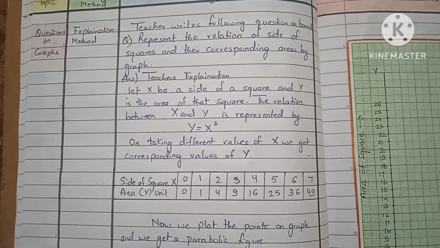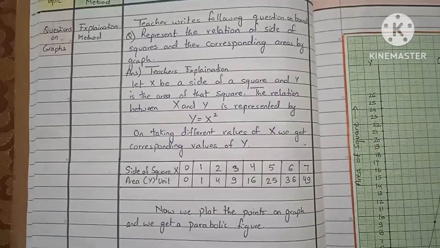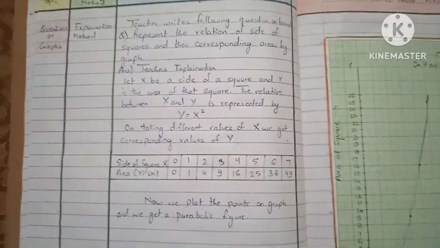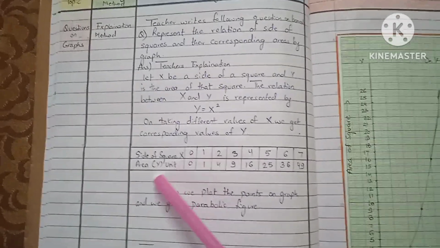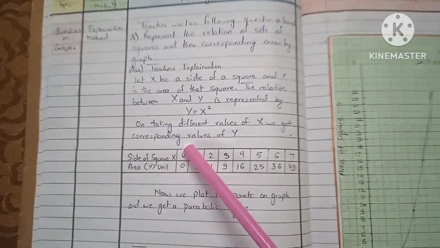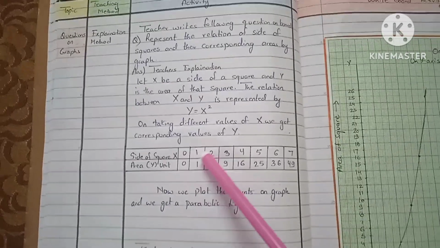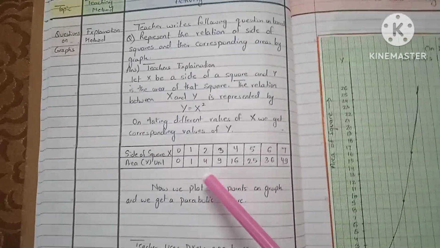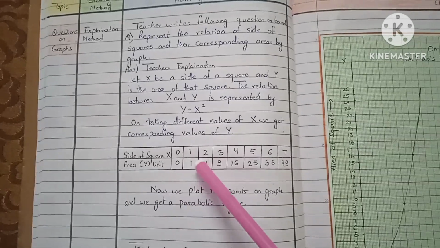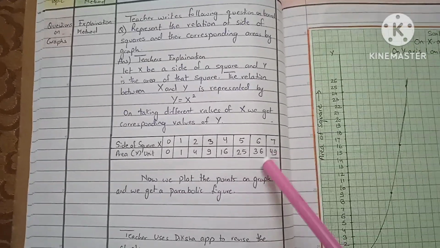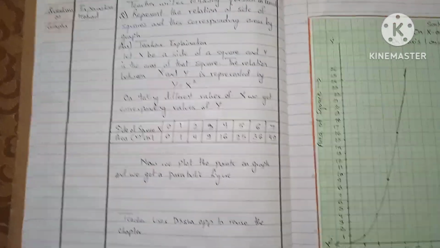On taking different values of x, we get the corresponding values of y. These are the points 0, 1, 2, 3, 4, 5, 6, 7, and the area corresponding to these is 0, 1, 4, 9, 16, 25, 36, 49, etc.